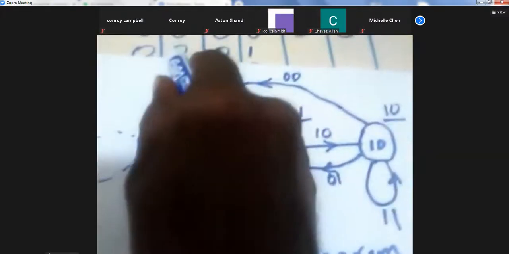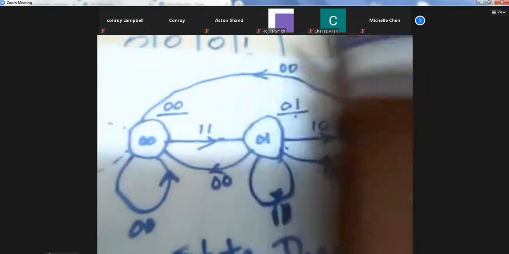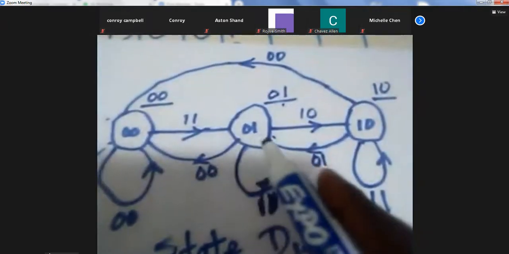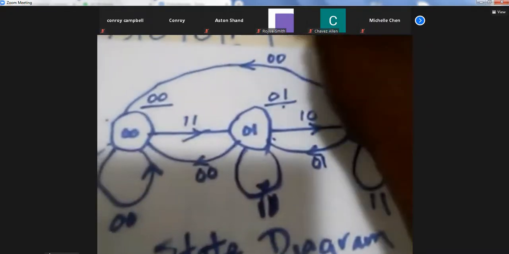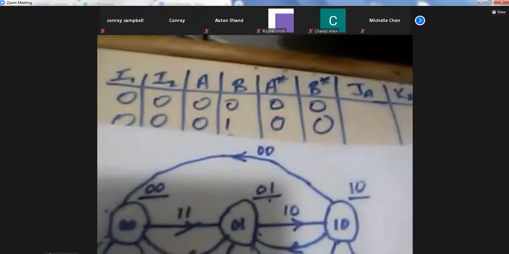Input is 0, 0, and I'm in state 0, 1. The next state is going to be 0, 0. And so forth and so on.